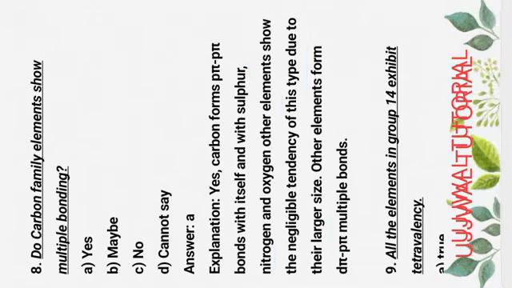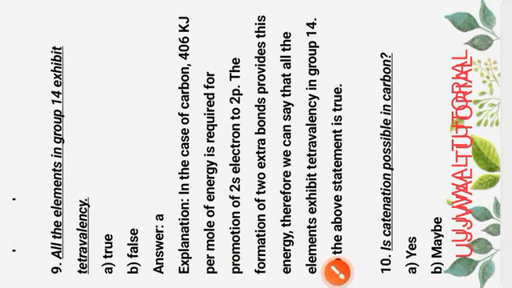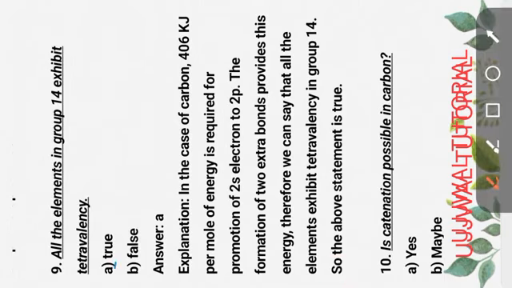Next question, question number 9: all the elements in group 14 exhibit tetravalency. This statement is always true. To explain, in the case of carbon, 406 kJ per mole of energy is required for promotion of a 2s electron to 2p.